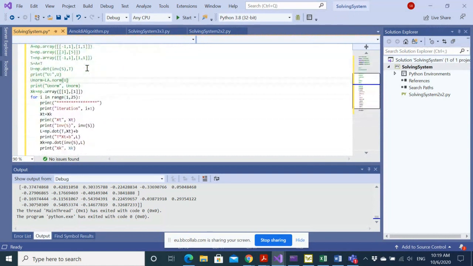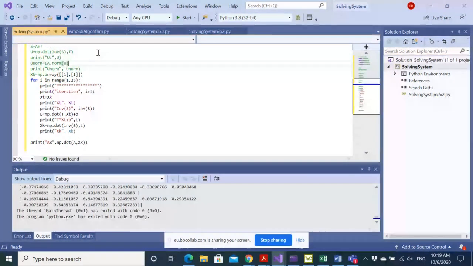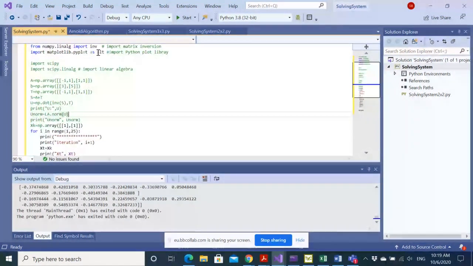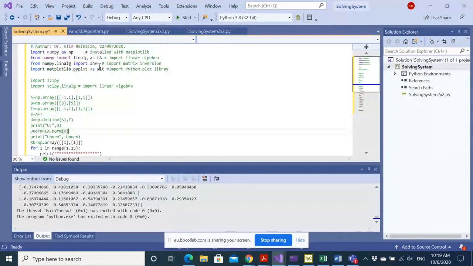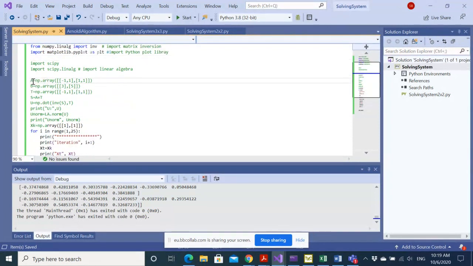So in our case here, what do I have? Well, I have defined my matrix A to be negative 1, 1, 1, 1. So it means I have a 2 by 2 system. B to be 3, 5.